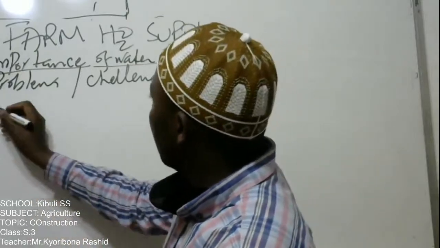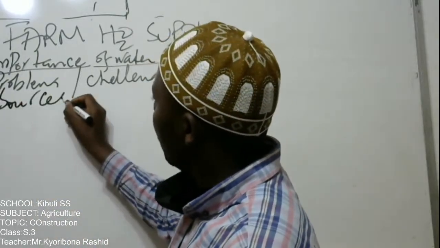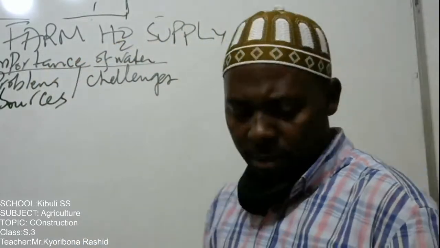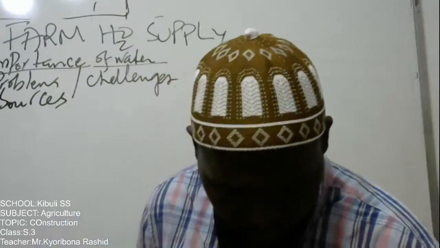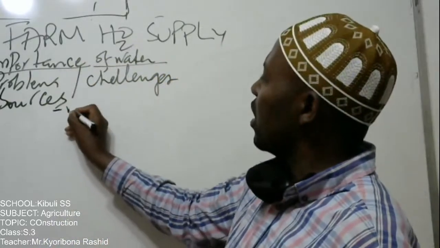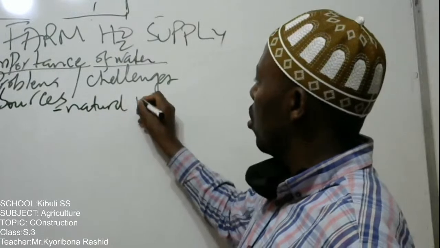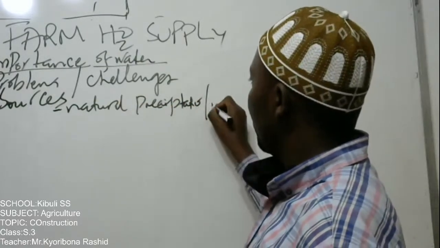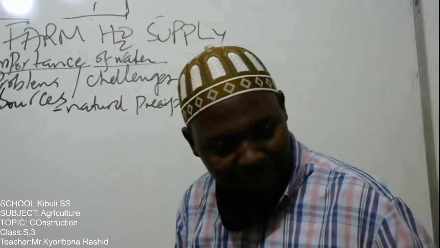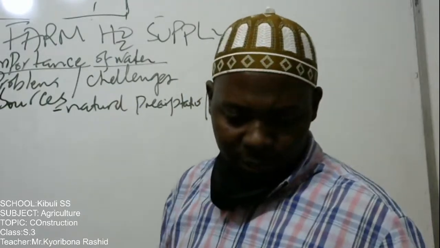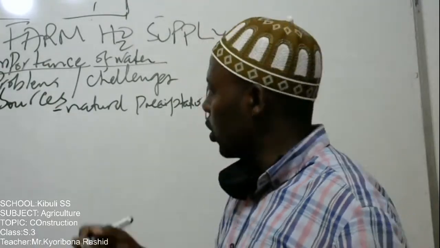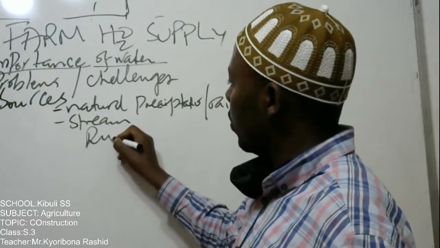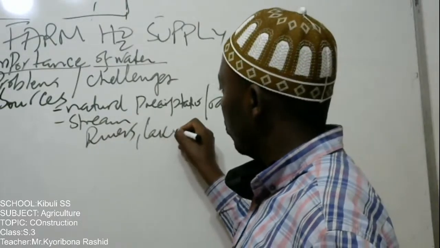What are the sources of this water on the farm? Where do we get this water? What could be the sources? Okay, we have very many of them, ranging from natural precipitation, rain, rainwater, ranging from sources like streams, rivers, lakes.